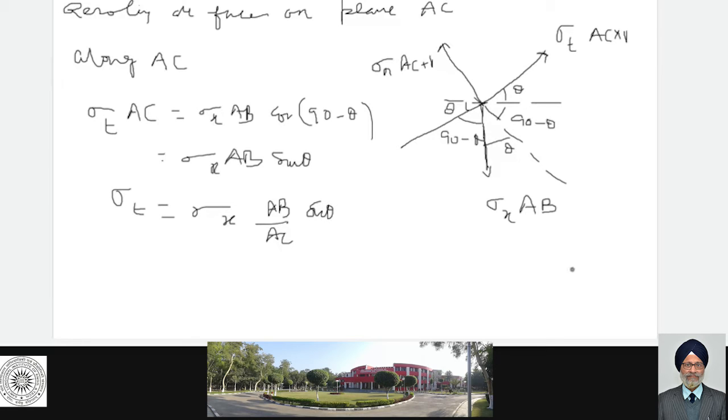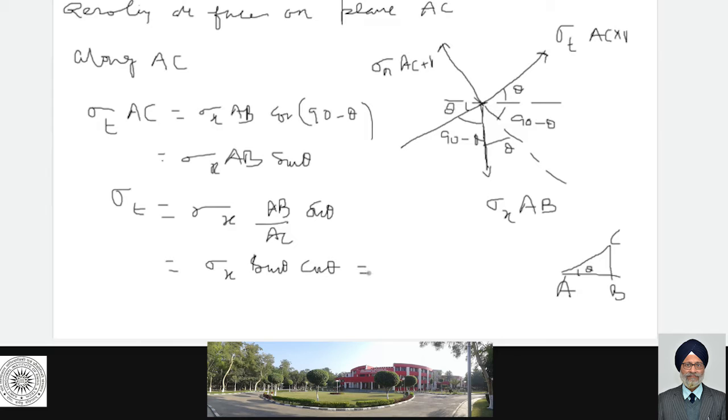Now AB upon AC. So this was a triangle with us. This was theta. This was A. This was B. This was C. So AB upon AC is how much? It is cos theta. So you can write sigma x AB upon AC is cos theta. So it will give sine theta cos theta.